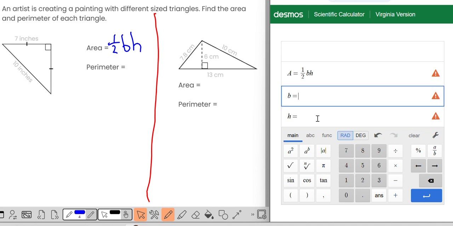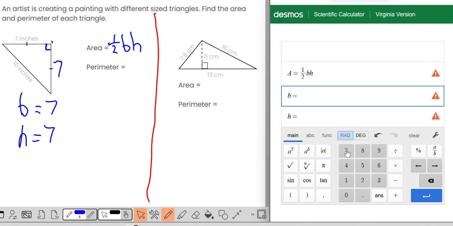Let's come back and look at what we have here. See this congruency mark there? If this is 7 inches, this is also 7 inches. And notice that here's your right angle. Do you remember what I told you about your legs are your height and your base? So you know that your base equals 7 and your height equals 7.